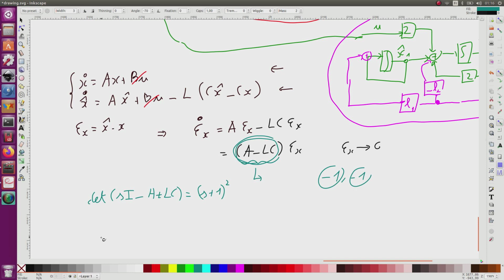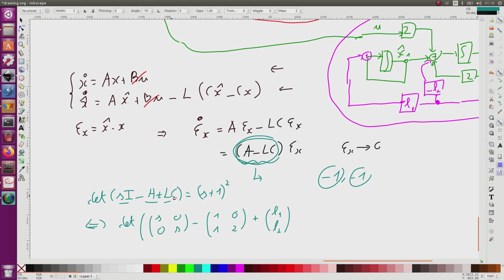So the first matrix is s, 0, 0, s, minus A. A is 1, 0, 1, 2, plus L. L has the form L1, L2.